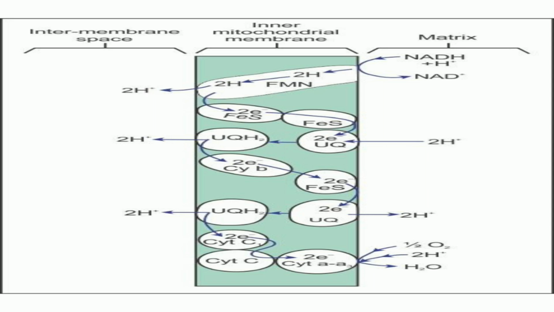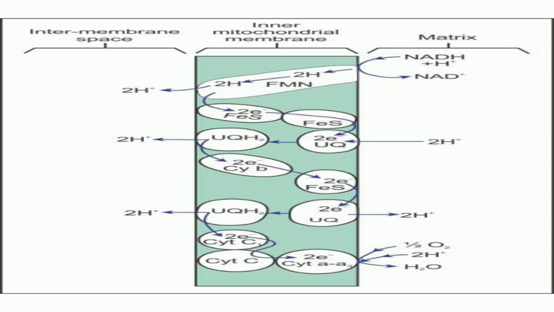The number of ATP molecules synthesized depends on the nature of the electron donor, that is, where the electron has come from. It is very important to understand that oxidation of one molecule of NADH gives rise to 3 molecules of ATP.